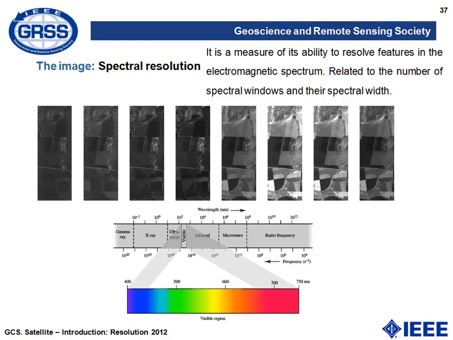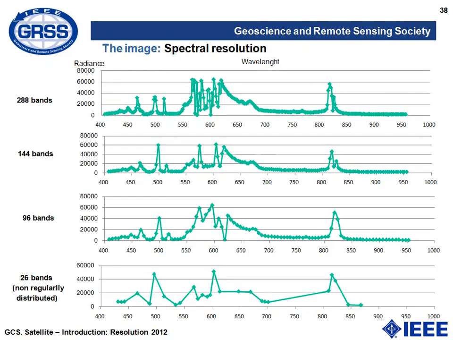What about the spectral resolution of the images? As has been mentioned previously, it's a measure of its ability to resolve features in the electromagnetic spectrum, and obviously it is related to the number of bands. So the more bands we have, the more possibilities to obtain the spectral signature of an element.